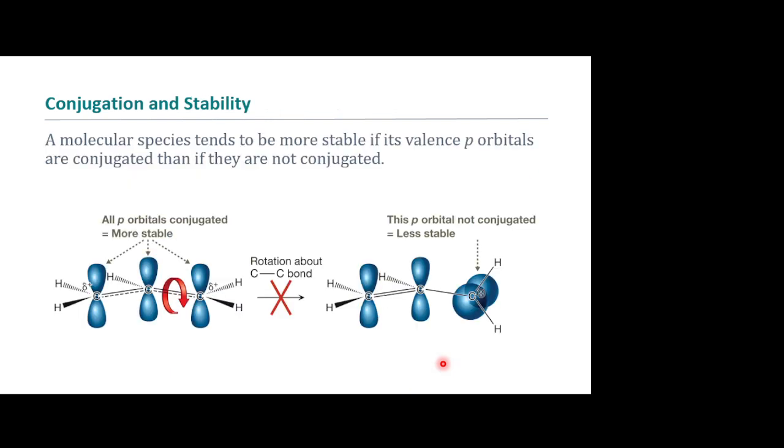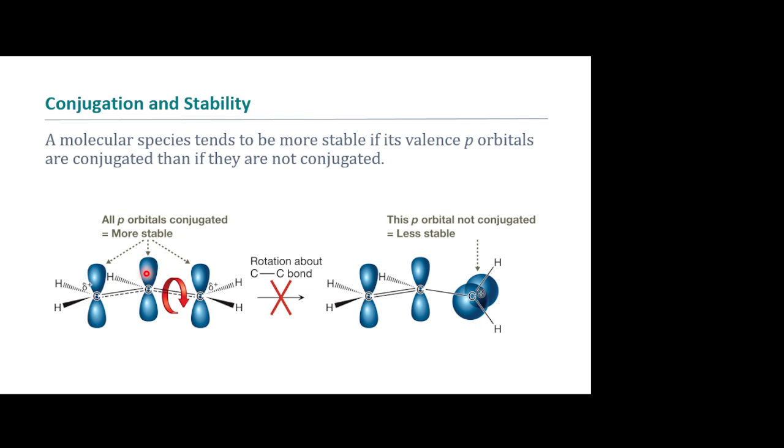So here's the conjugation stability again. All the p orbitals in this case are going to be conjugated. This is the more stable configuration. Note, however, because this was a single bond in that other model, theoretically these p orbitals could have been moved around. And in fact, before we made a carbocation, this p orbital was almost surely not overlapped with these other ones.